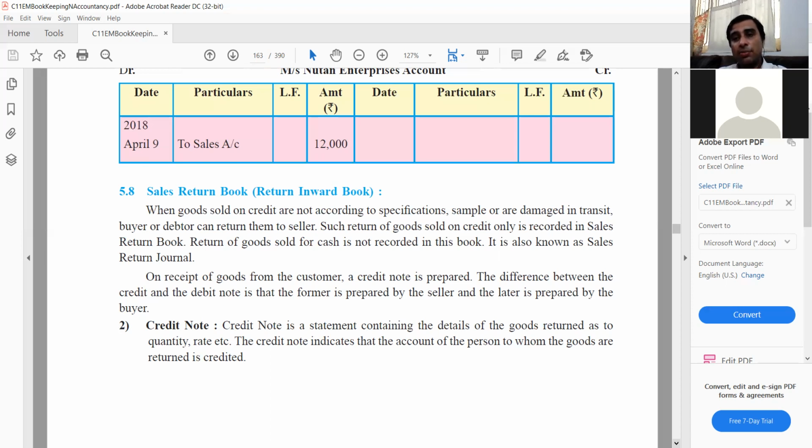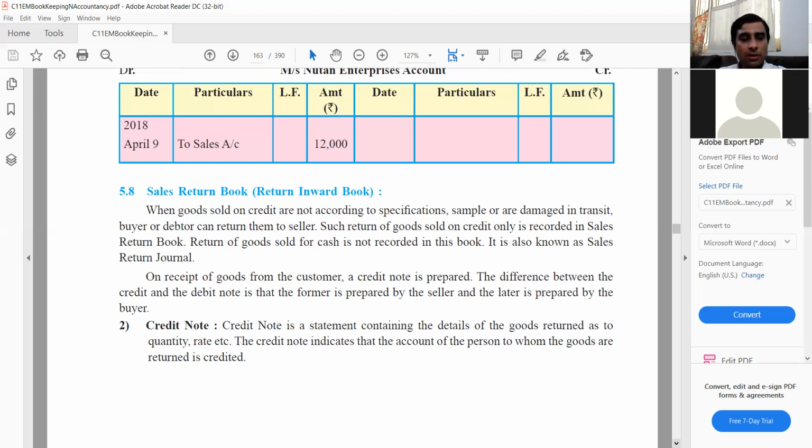A debtor is a person to whom I have sold goods on credit. I need to go and collect money from him. On the other hand, when I purchase goods from somebody without giving money, that is on credit, that person is my creditor and I need to pay him money in the future.